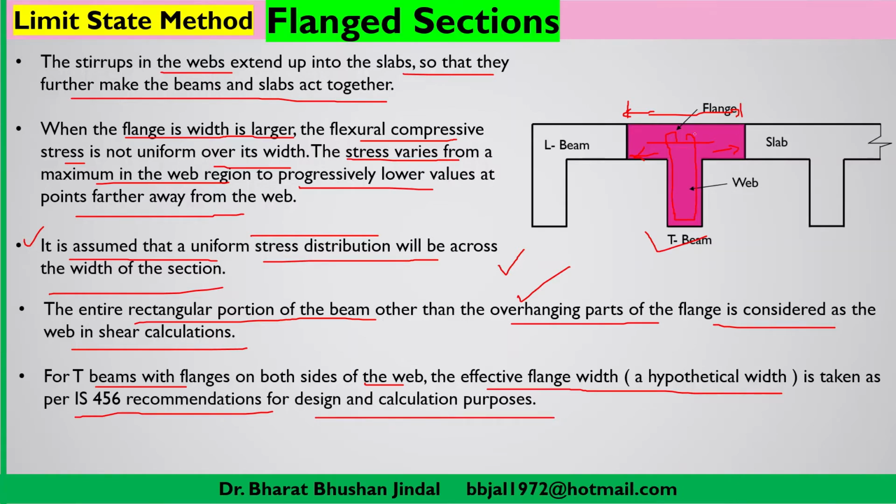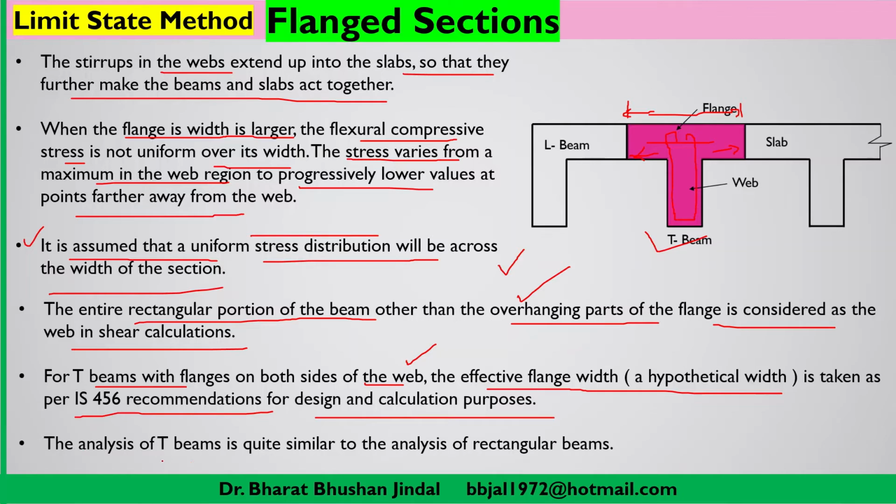What we want to say is how much portion of the slab will be considered as flange, which as per the codal guideline we call the effective width. If this is, suppose, 500 mm, then the effective width may be lesser or greater than this, so we have to work it out and accordingly follow the guidelines.